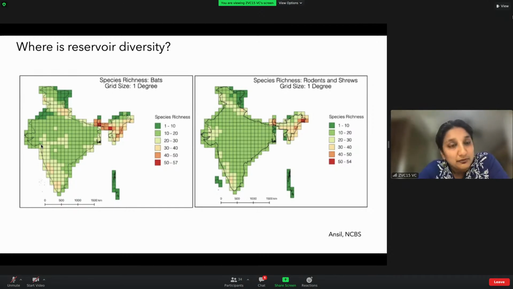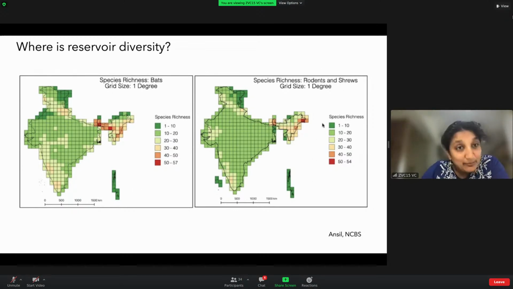We know, for example, that India has some biodiversity hotspots, 3, and if you include the Andaman Nicobar Islands, 4, and the Northeast is one of them, as is the Western Ghats. So basically, as we would have expected, areas which are biodiversity hotspots tend to have more bats, tend to have more rodents.